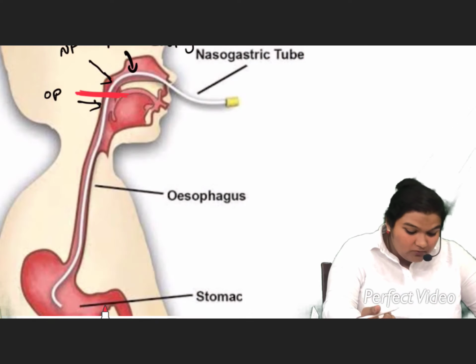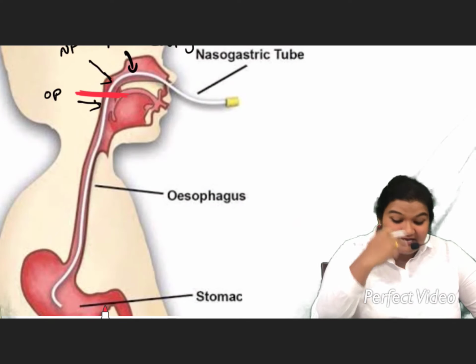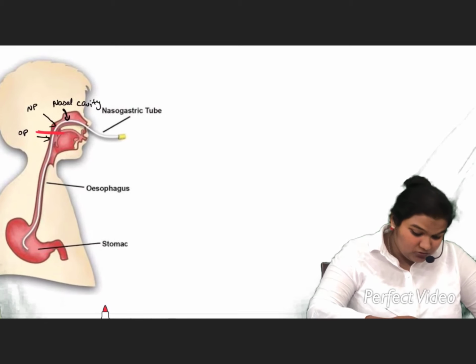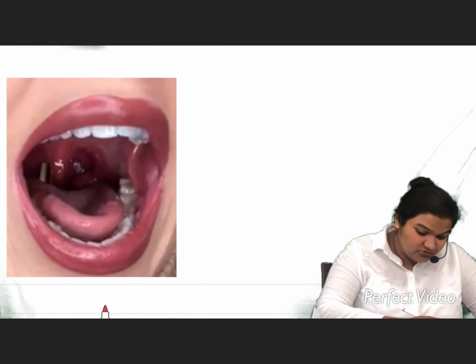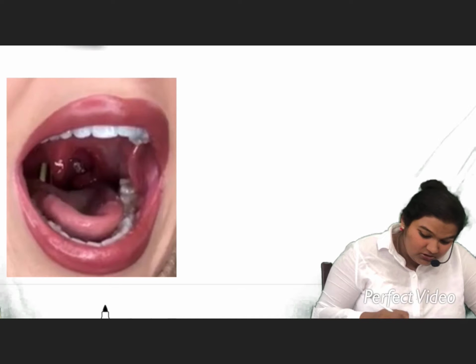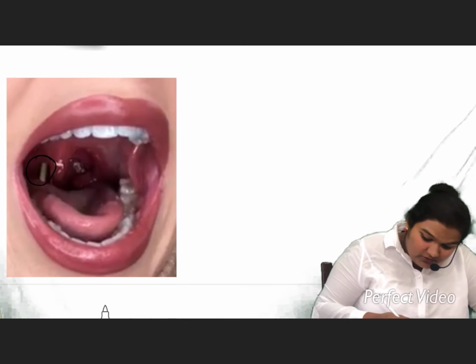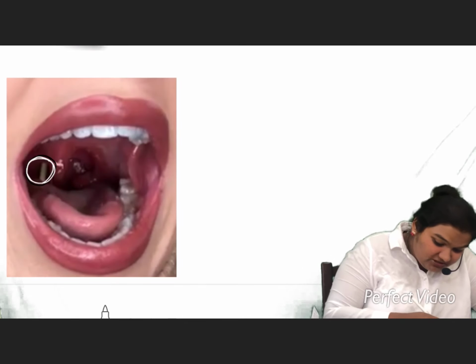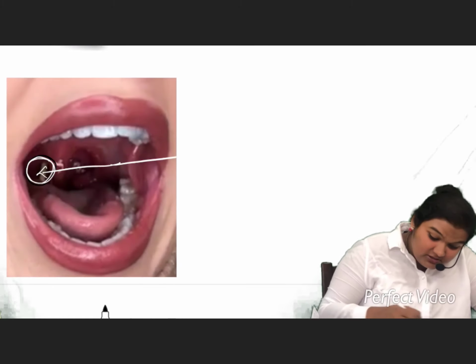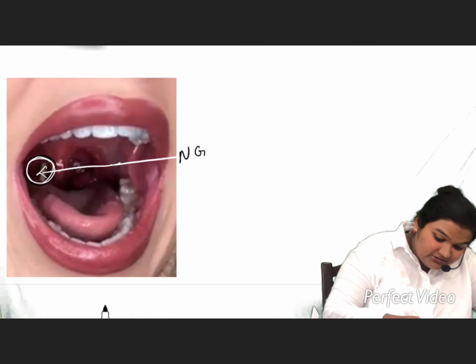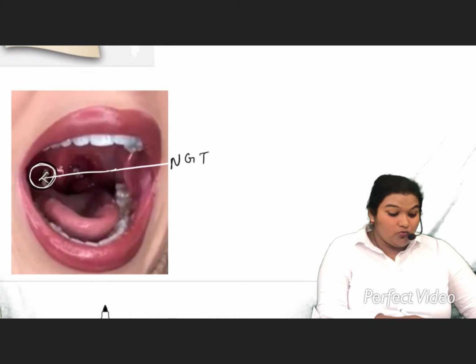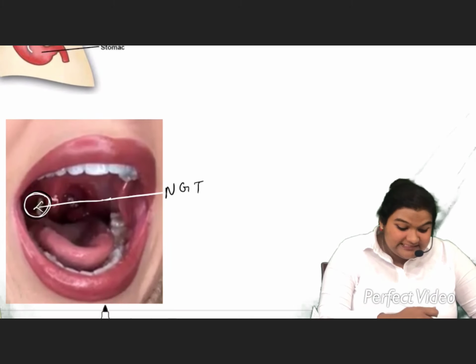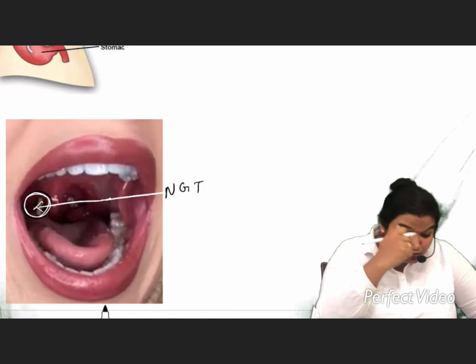If the child is normal, we can see that gastric tube in the mouth. As you can see in this picture, can you appreciate this white tube? That is the nasogastric tube. When the child is normal, you can see this tube in its mouth.